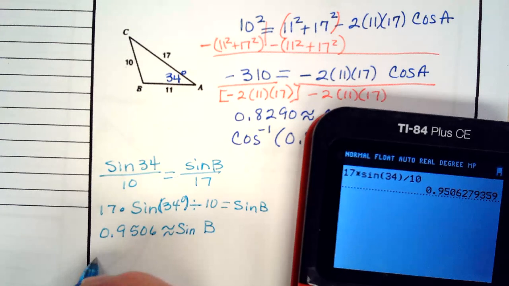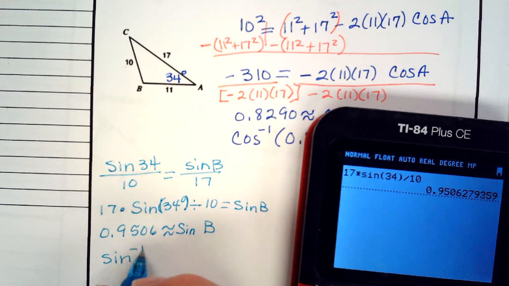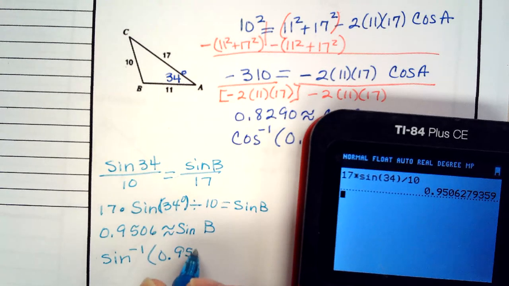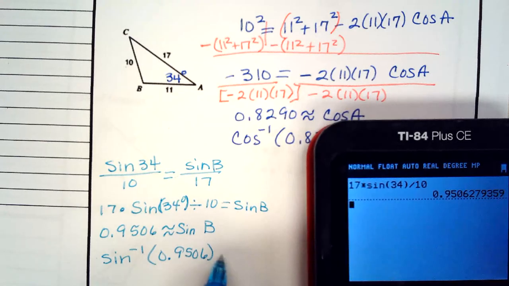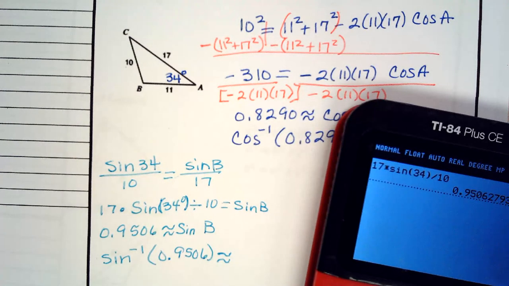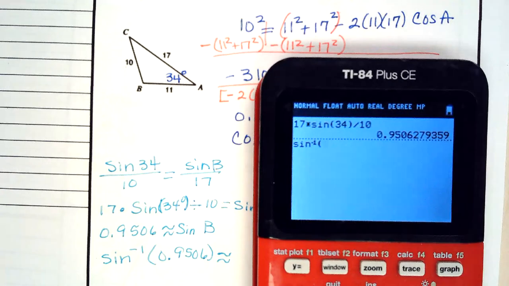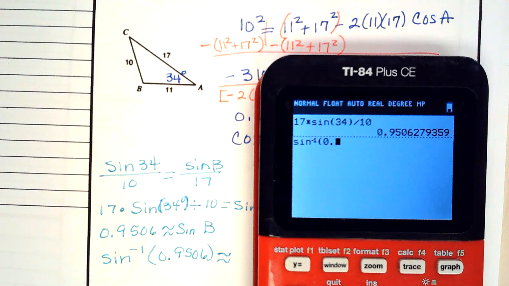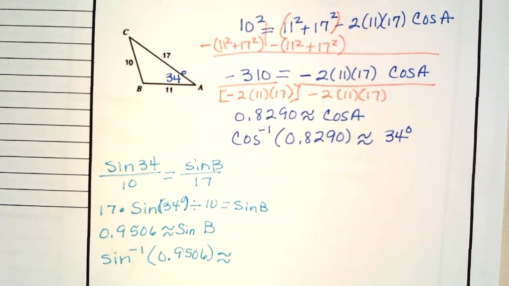So I'm going to use that sine inverse of 0.9506, close it off. 71.9, so that's approximately 71.9.